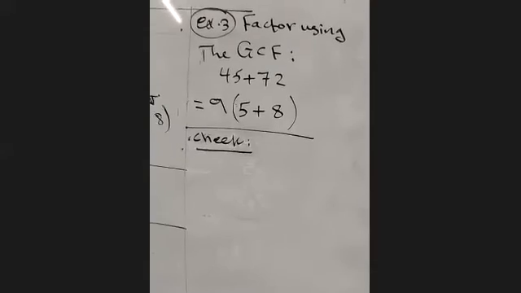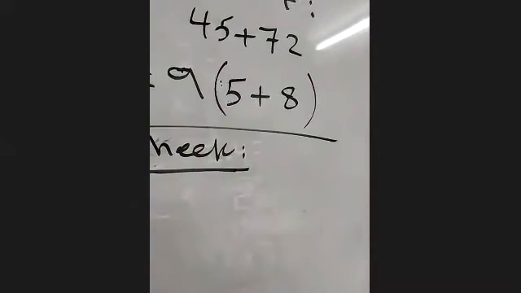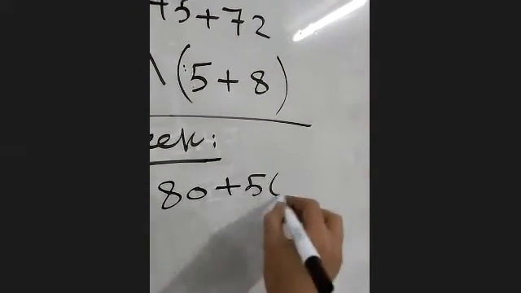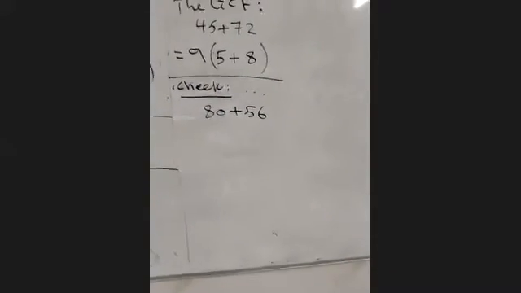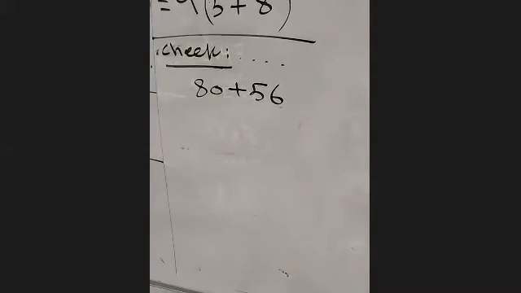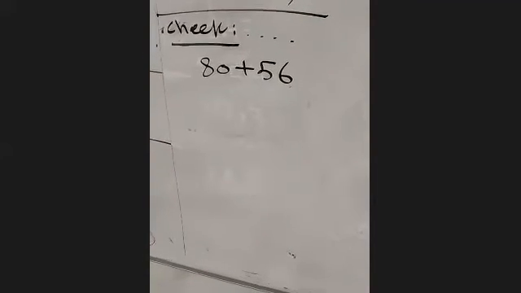80 plus 56. Page 309. We'll use the GCF to factor this. What I will do? 80 by the three-way, it is 8 by 10. Do you know how we find the greatest common factor?